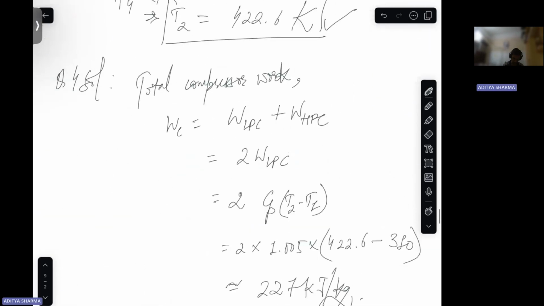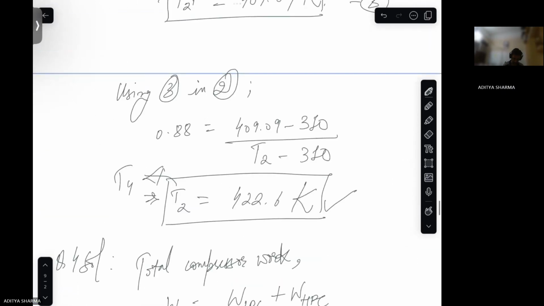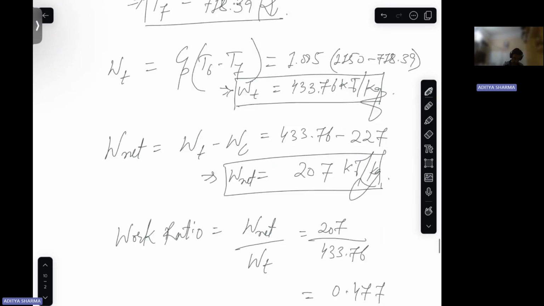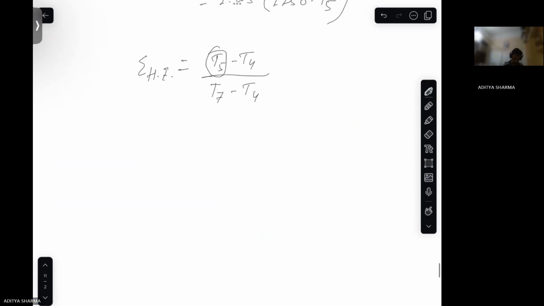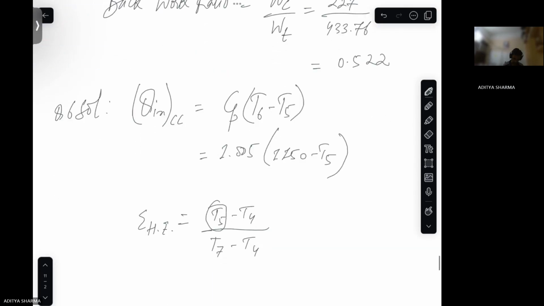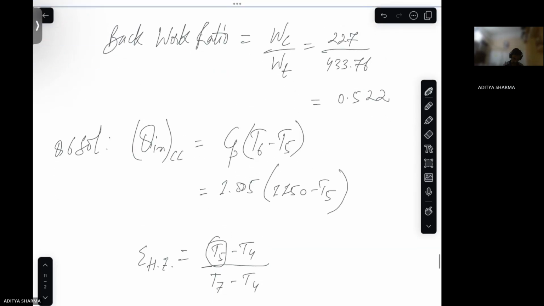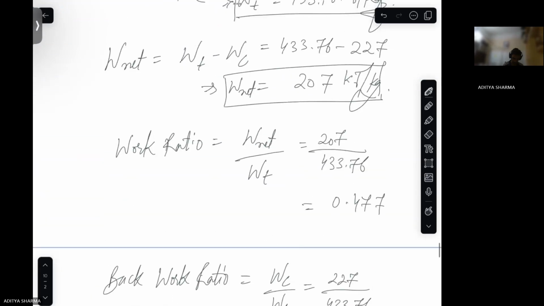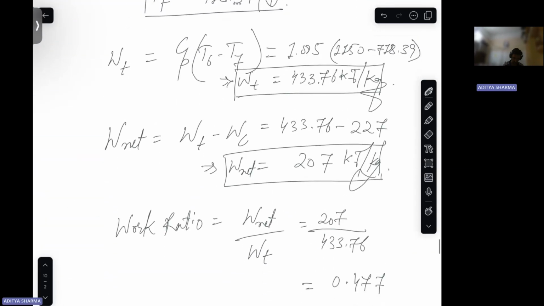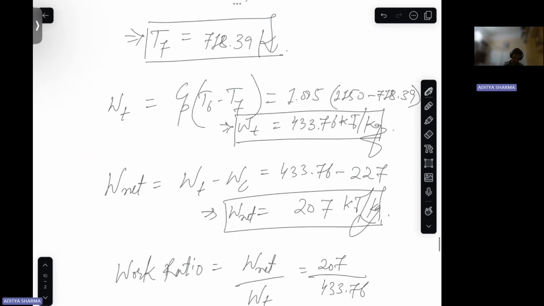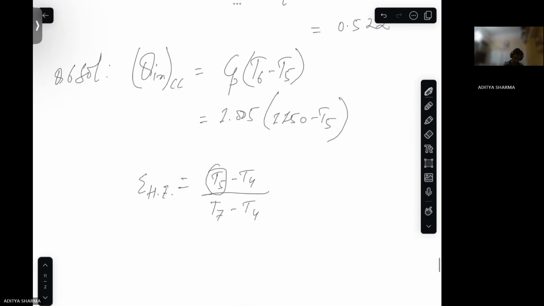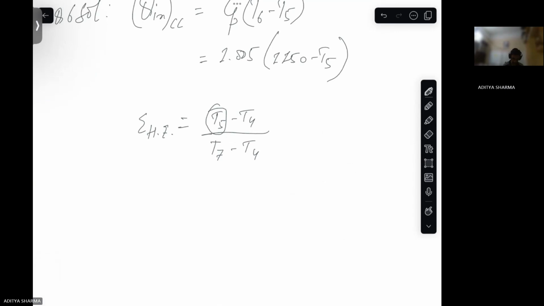T4 we have calculated, 422.6. T7 we have calculated here. Now if you place the values, T5 will come out to be around 629.713 Kelvin.